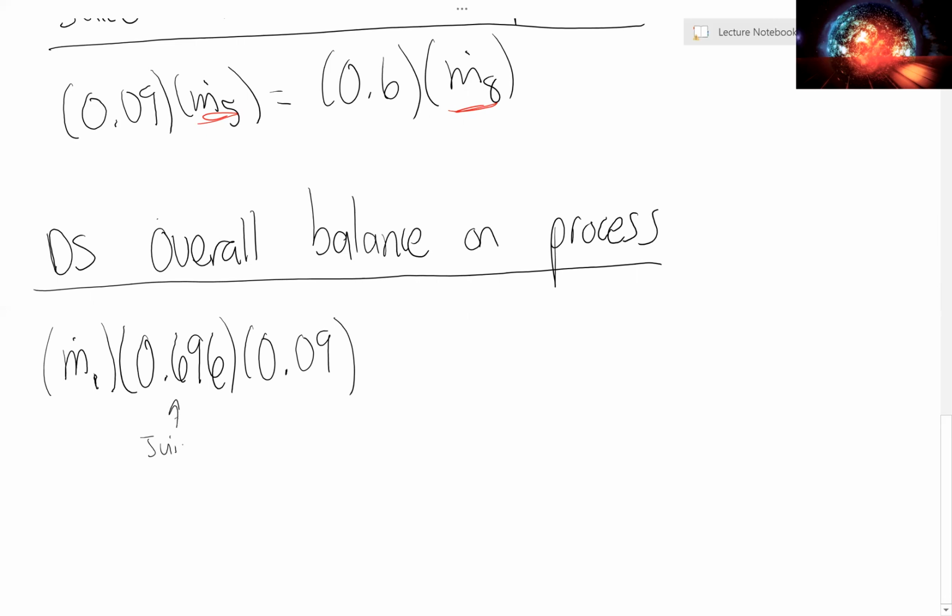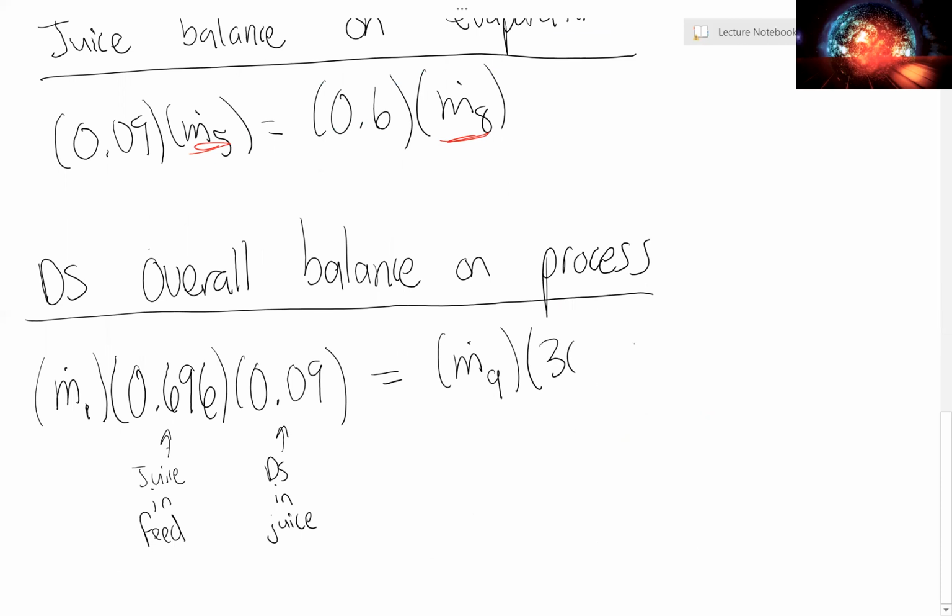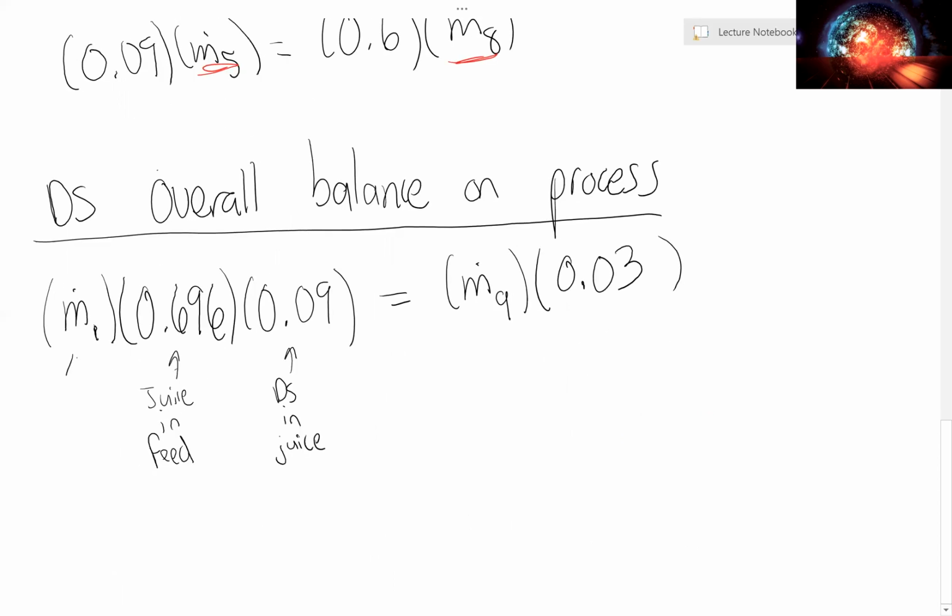So this is juice and feed, and this is dissolved solids and juice, that has to equal M9 times that final concentration of dissolved solids, or 30 weight percent. Does everyone see that? Or I should, to be more consistent, 0.03. And M1's known, it's 60,000 pounds per day.